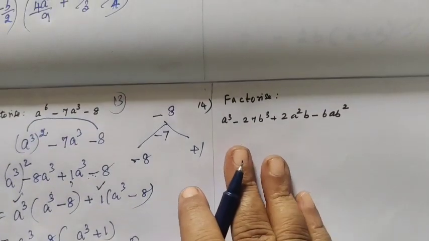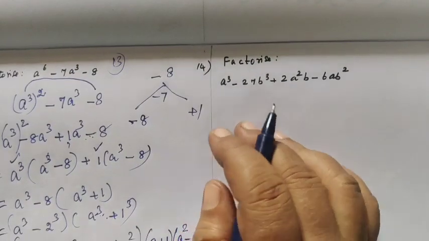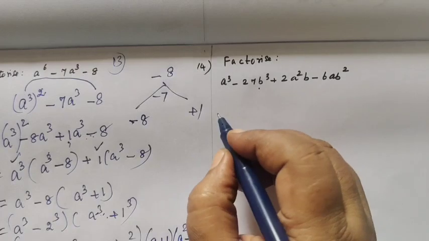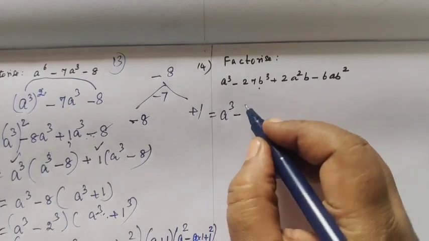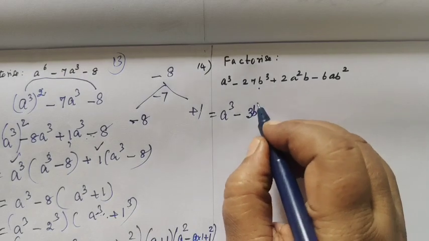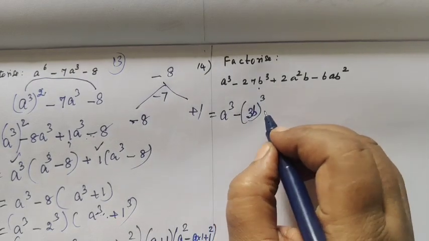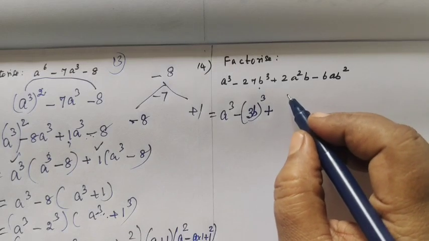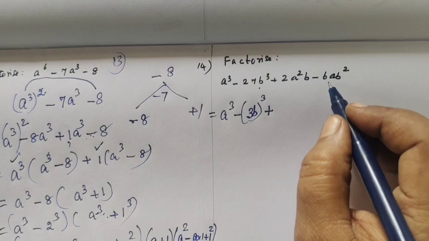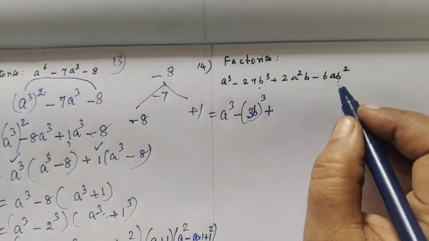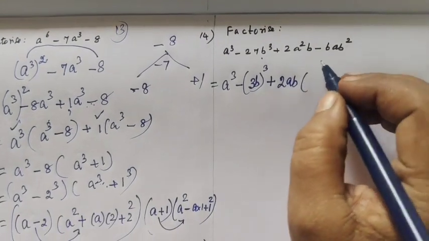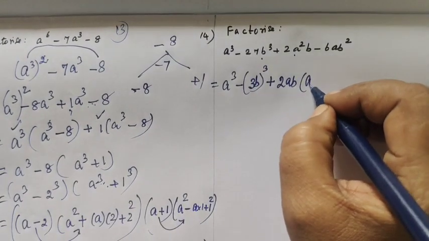Now question number 14, factorize this. Here you can take the a cube minus b cube formula. So a cube minus 27 b cube can be written as 3b the whole cube. Here you can take b squared a common, then 2ab you can take outside, 2ab common, another a inside.